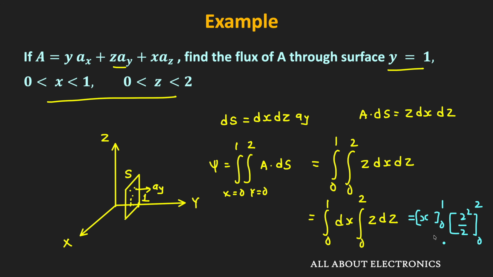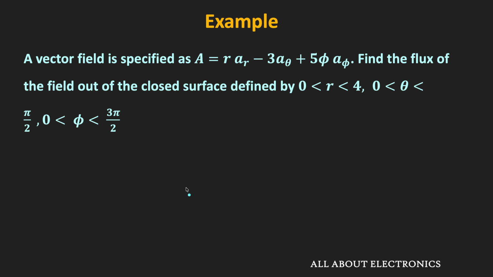If you put the limits, the value comes out as 2. That means the flux passing through this surface is equal to 2. So in this way, with the help of the surface integral, we can find the flux passing through the surface. Similarly, you can also solve the following example by yourself.